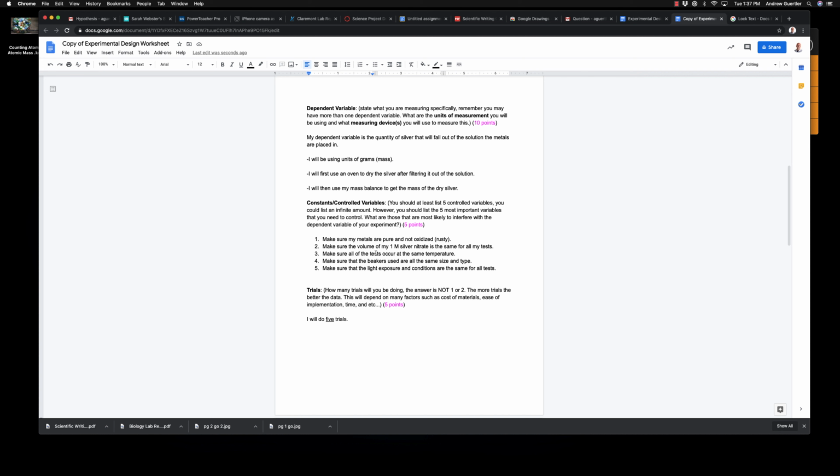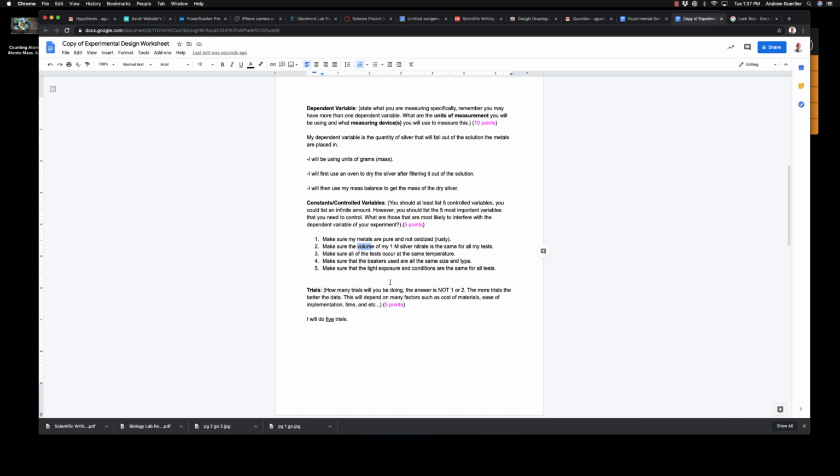I'm going to be measuring my pieces of metal to make sure that they are indeed the right size and that they are indeed controlled, right? I have to make my silver nitrate solution. So I have to measure the amount of silver nitrate that I weigh out and the volume of water that I put it in. I need to measure the volume that I'm going to be putting in my beakers.